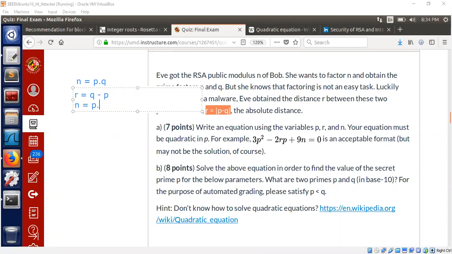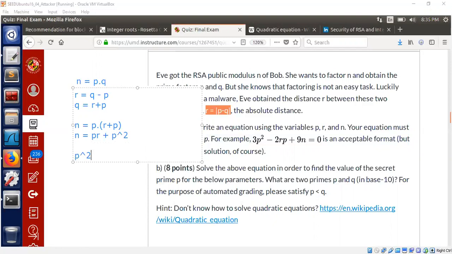What is q? From here we can write q is equal to r plus p. That means we can rewrite our n as p times r plus p, which means p square plus pr minus n equal to 0.